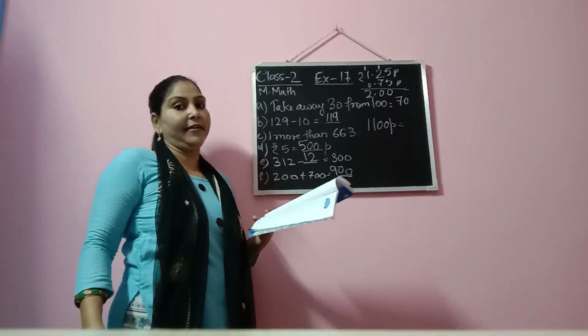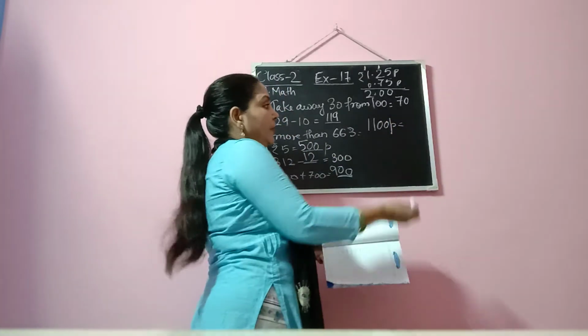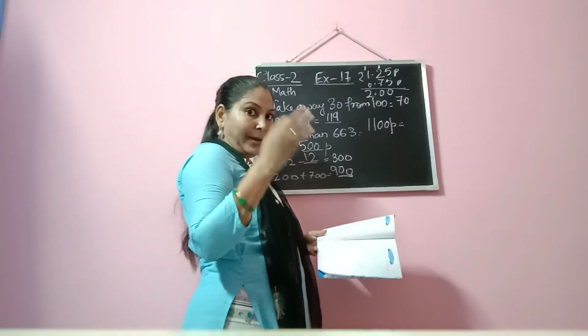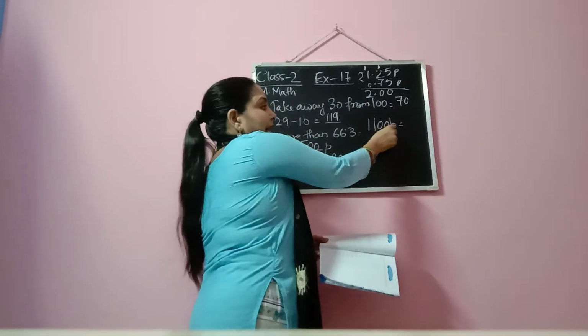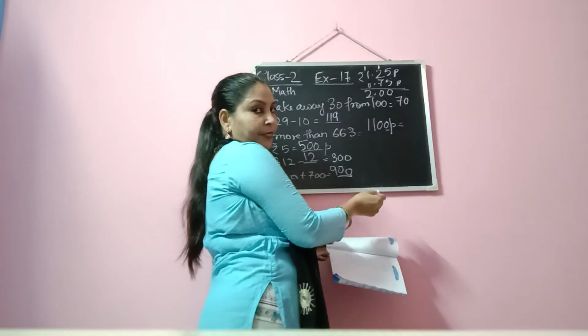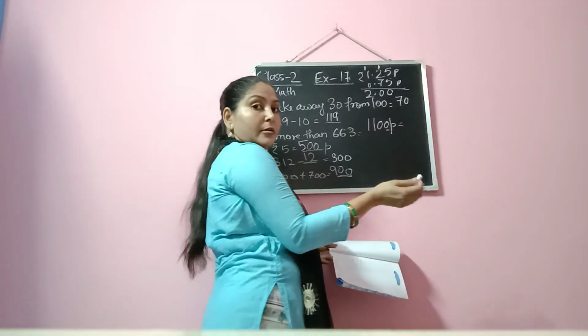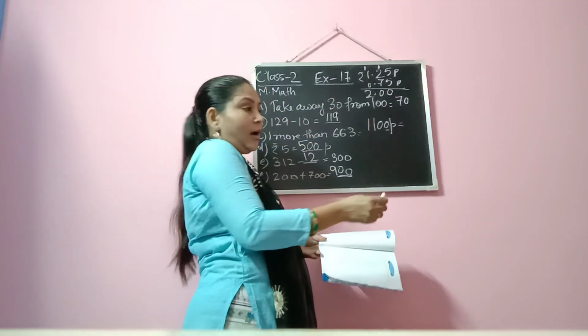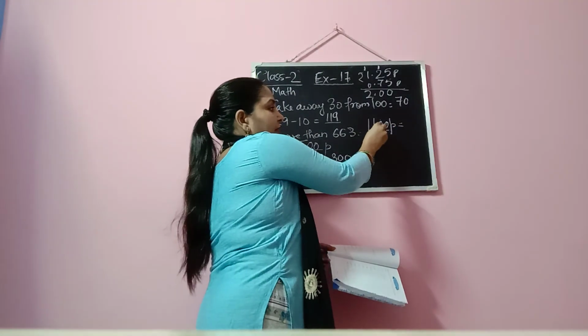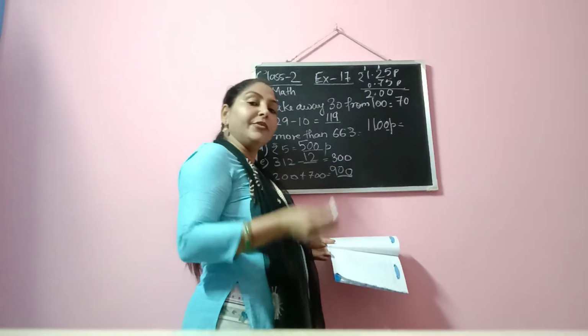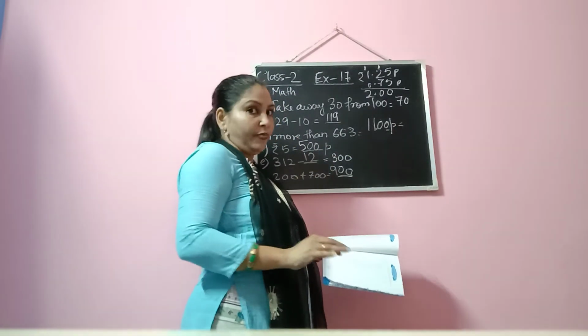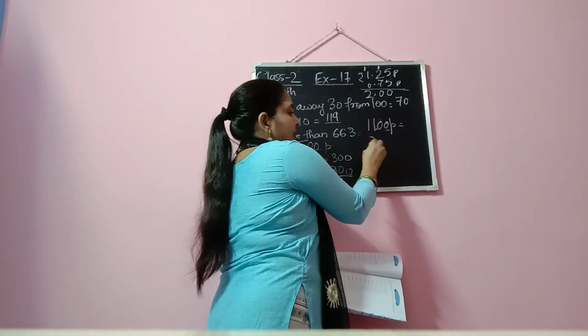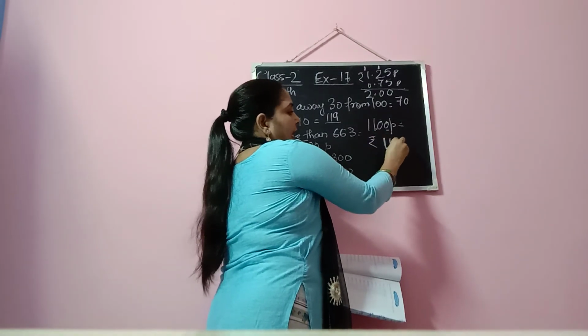In rupees we have to convert. So what did I tell you? To convert paise into rupees, from the right side, this is our right side, two digits we will count: 1, 2. And then we will place the decimal point. So now the answer is 11 rupees.